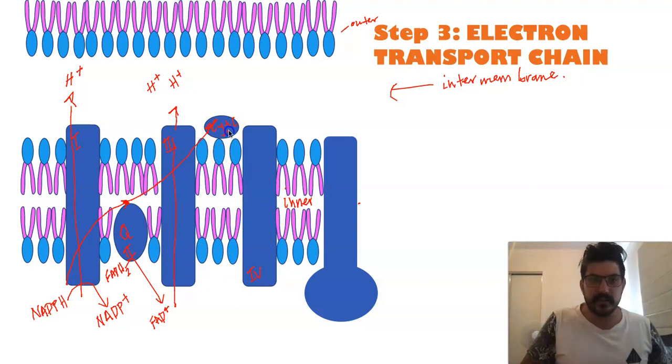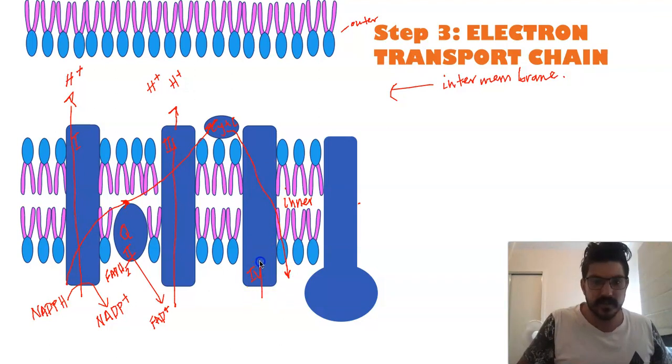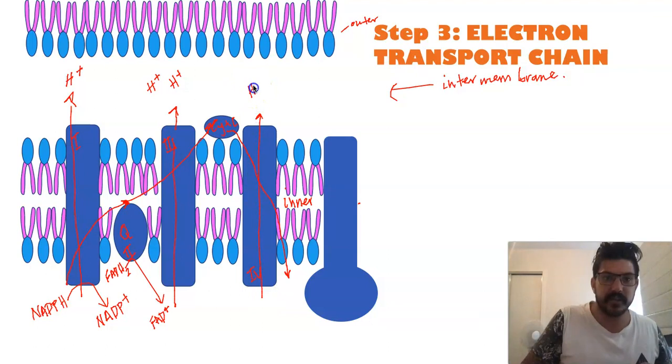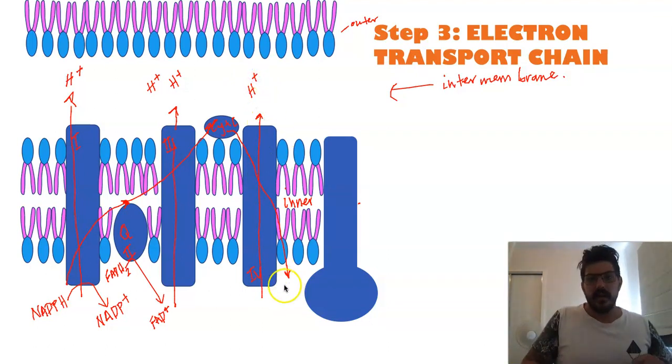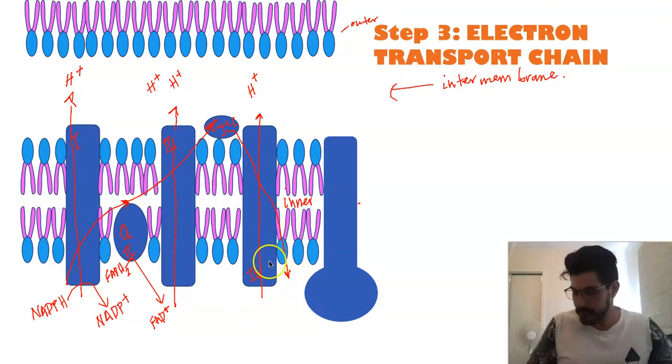And this excited electron doesn't lose its excitement, but it does pass through this fourth protein. This fourth protein does 2 things. Firstly, it pushes out another H+. Once that H+ gets pushed out, there's an electron floating around in here that needs somewhere to go.